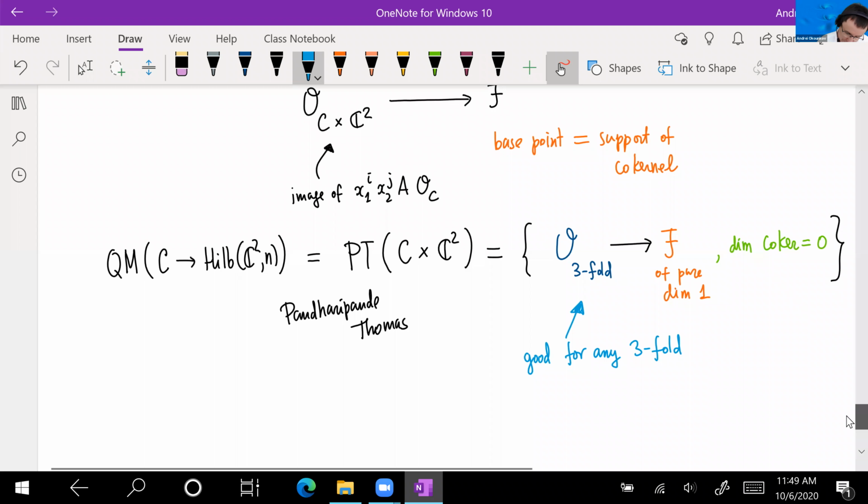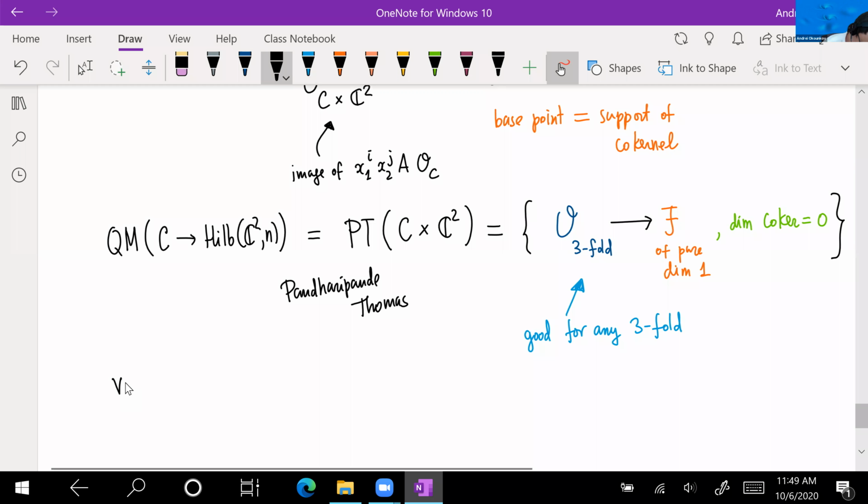And then a variation is that you can have a C^2 bundle over the curve, instead of the product.